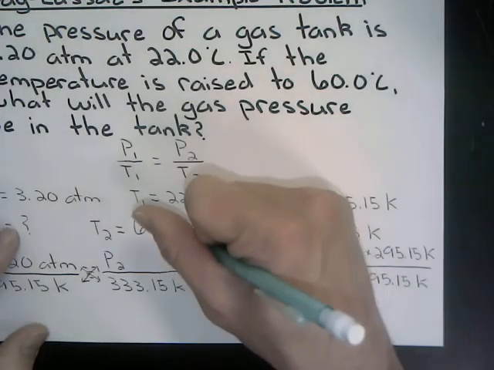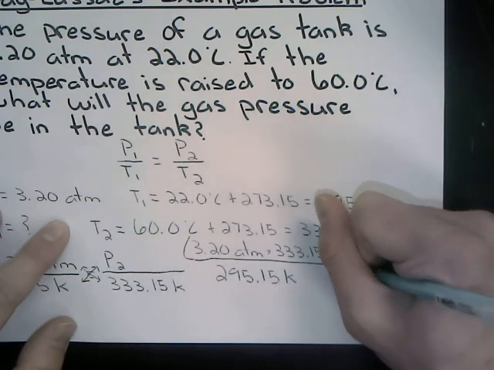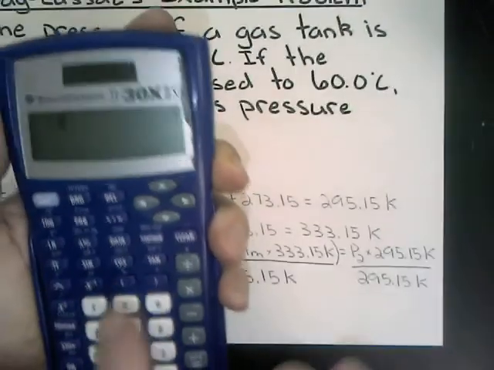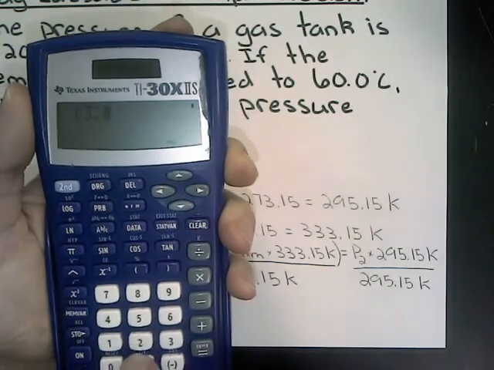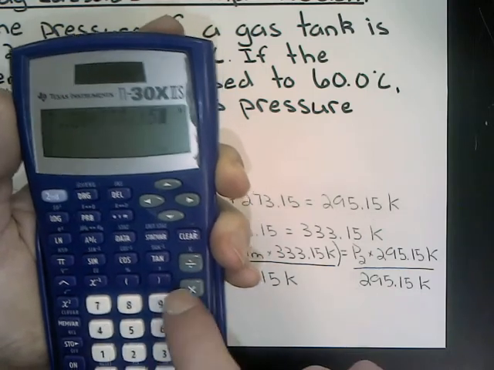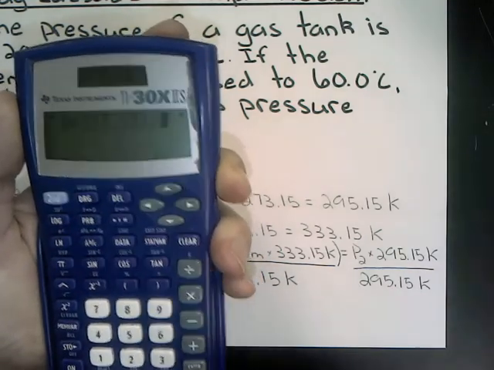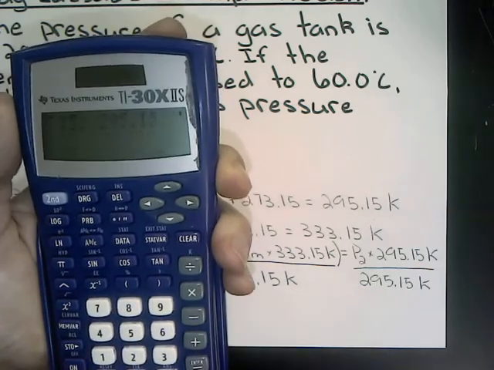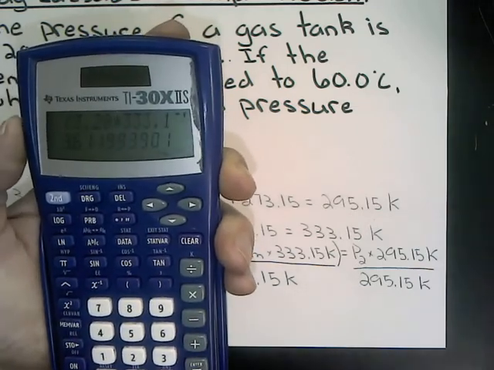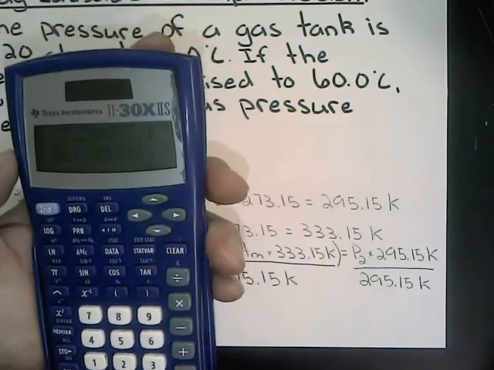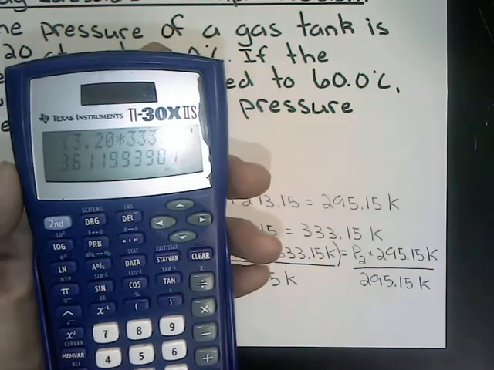I'm going to put this in parentheses, 3.2 times 333.15, and I'm going to divide it by 295.15. So we put this in our parentheses, 3.20 times 333.15. I close my parenthesis, and I divide it by 295.15. And I get a value here of 3.61 when I round it to our three significant digits.